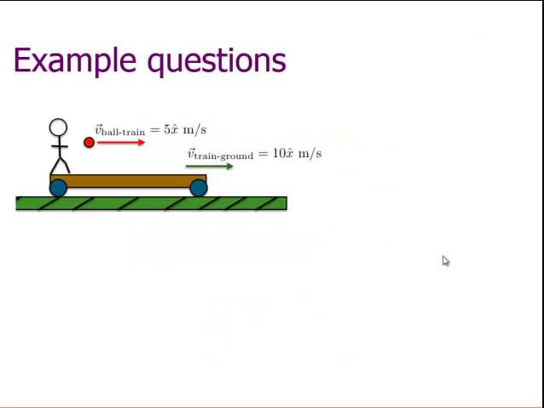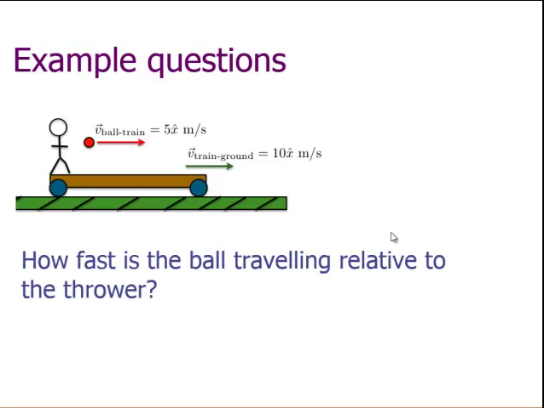Here's an example question. There's a man on a train, and the train, with respect to the ground, is travelling at 10 meters per second. Whilst the man on the train throws a ball, which relative to the train is travelling at 5 meters per second. How fast is the ball travelling relative to the thrower?